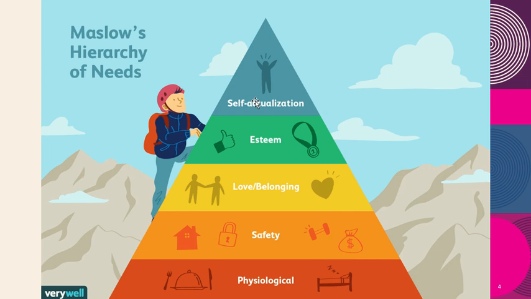As each requirement is fulfilled, we move up the hierarchy. The hierarchy of needs is just like climbing a mountain, or in this case, a pyramid. You start from the bottom first so that you can go to the top.